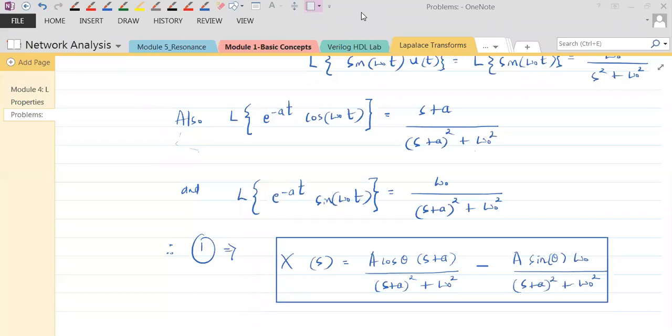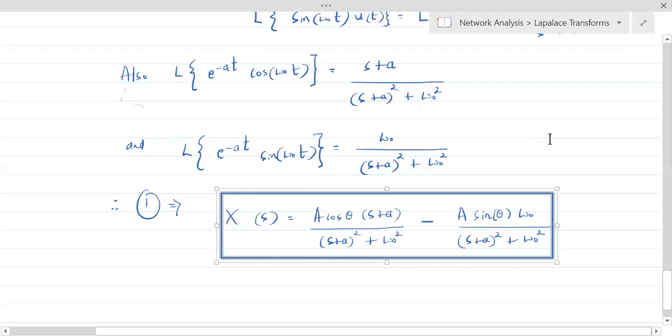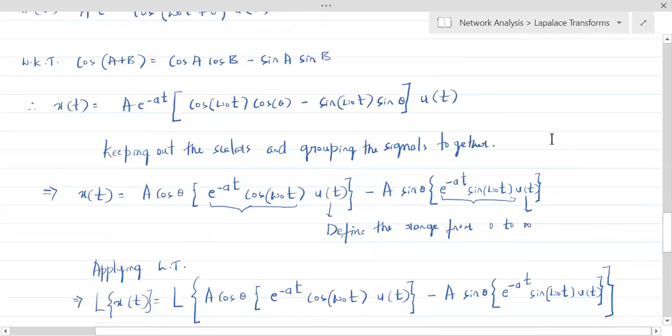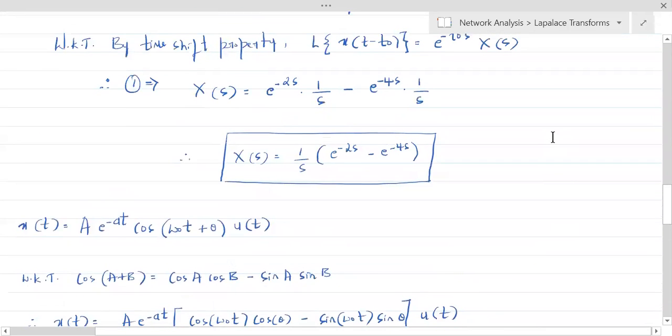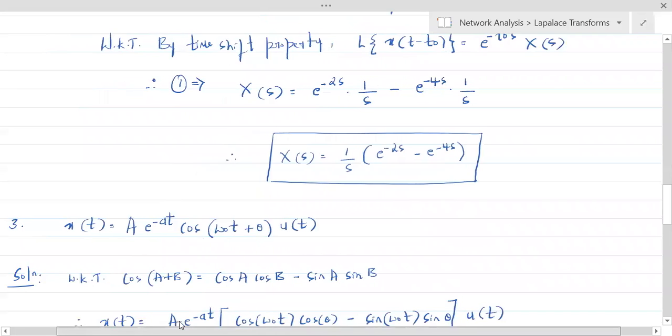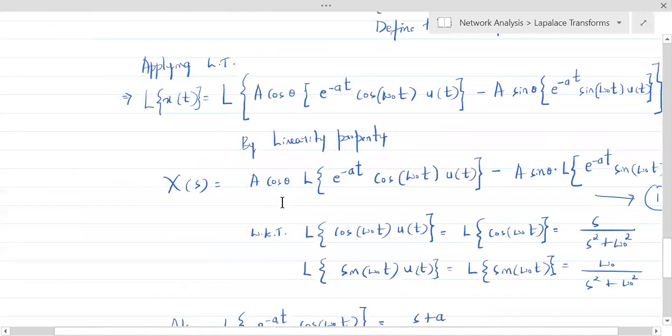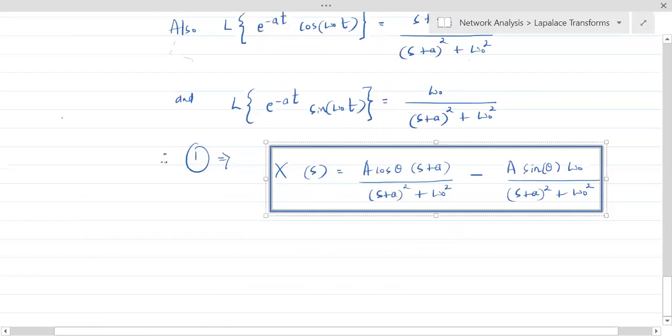Everybody take down this. Problem number four for you. The fourth problem is this. x of t is given by sine square omega naught t into u of t.